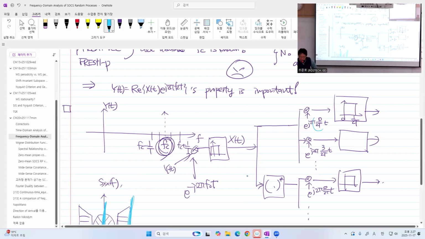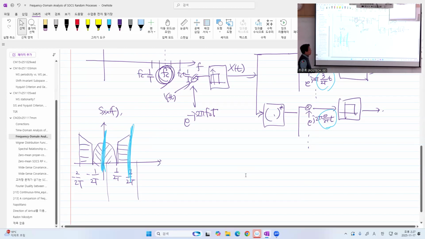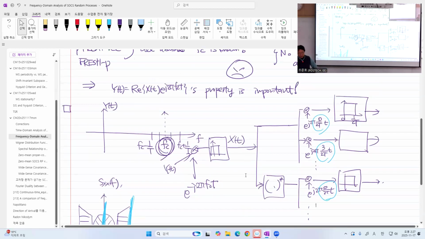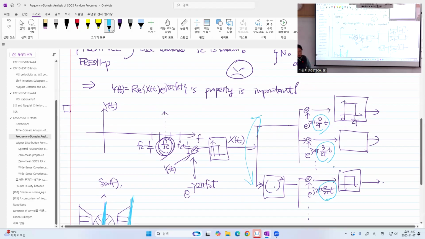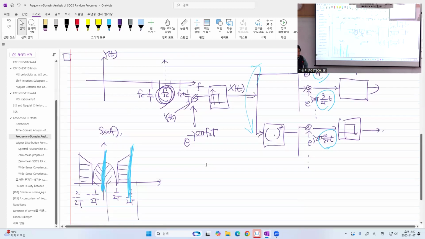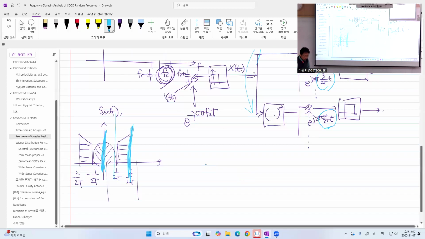Yeah, since these frequencies are 1 over capital T apart, you can choose any fc plus an integer multiple of 1 over T to serve as the center frequency for this conversion. But I also think since these roles can be interchanged, you can still choose this one without any problem, I believe.